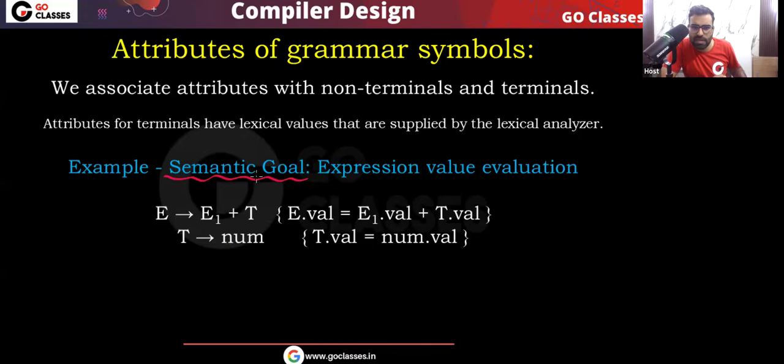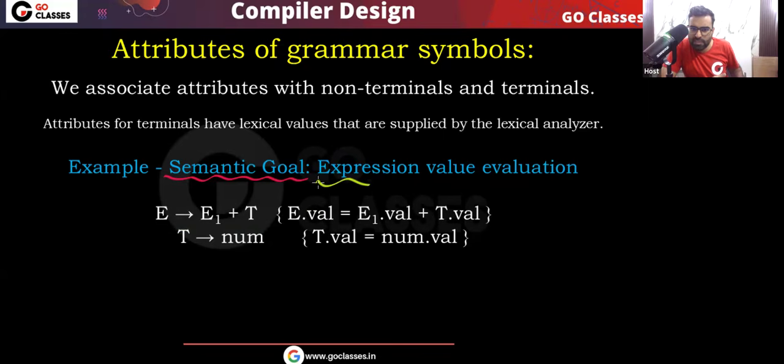So if our semantic goal is expression value evaluation, then we will choose this val attribute for our grammar symbols. Corresponding to this production, which semantic rule will we write?